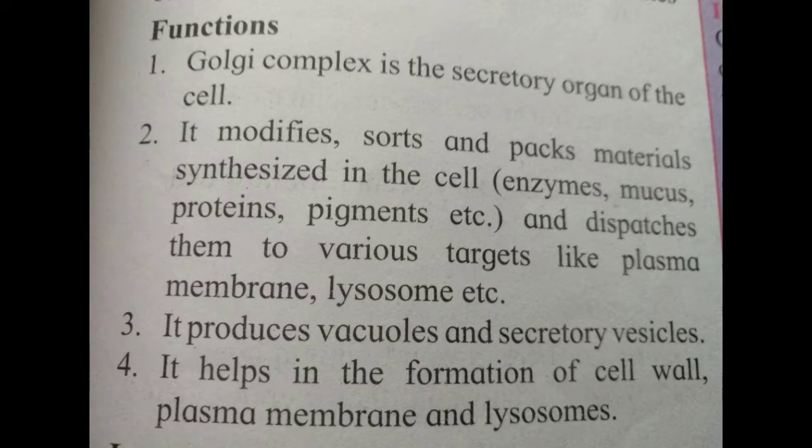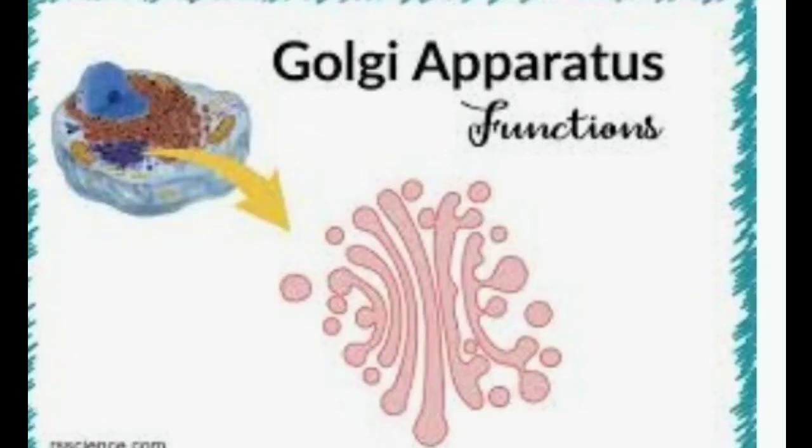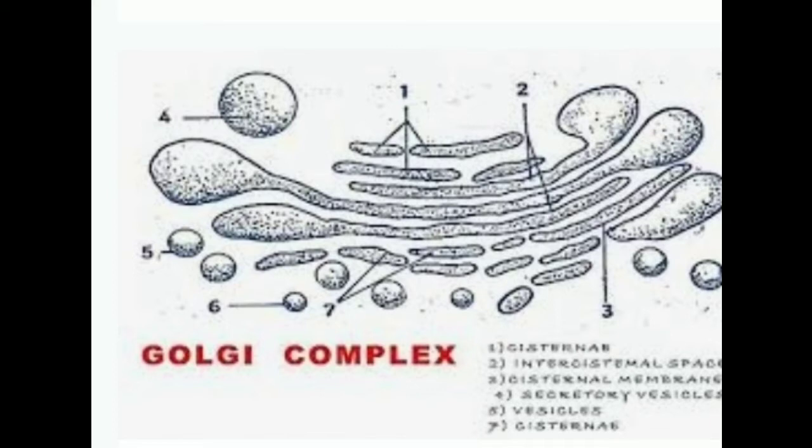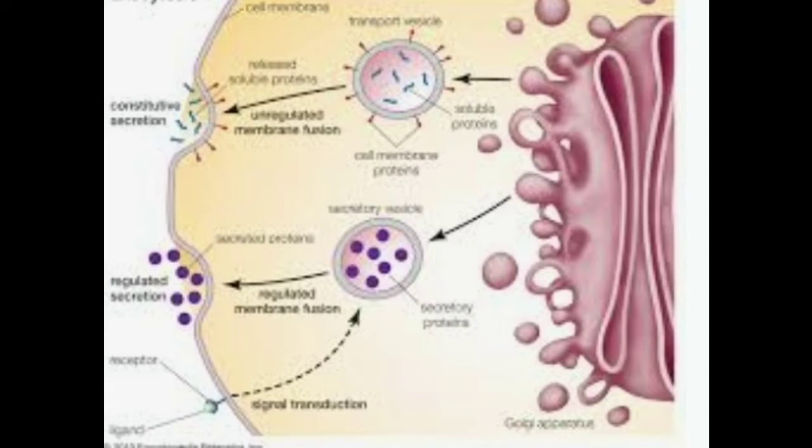It modifies, sorts and packs materials synthesized in the cell, that is enzymes, mucus, proteins and pigments, and then dispatches them to various targets like the plasma membrane, lysosome, etc., as I explained. It produces vacuoles and secretory vesicles, and the last function is that it helps in the formation of cell wall, plasma membrane and lysosomes.